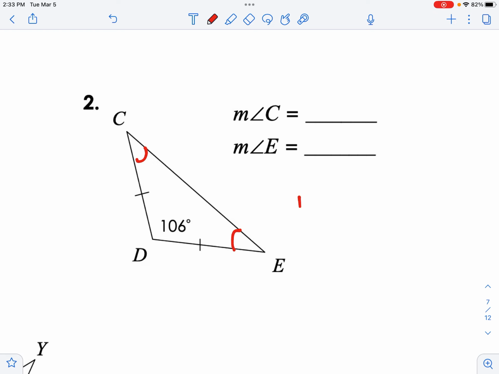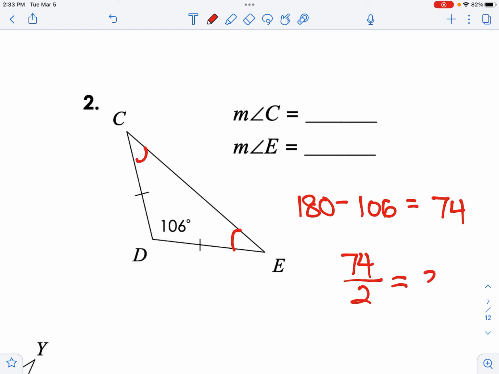So if we say 180 minus 106, we get 74. Okay, so then if I take 74 and divide that by 2, that's 37. I'm dividing it by 2 because they have to be the same. So that means both of these are 37 degrees.